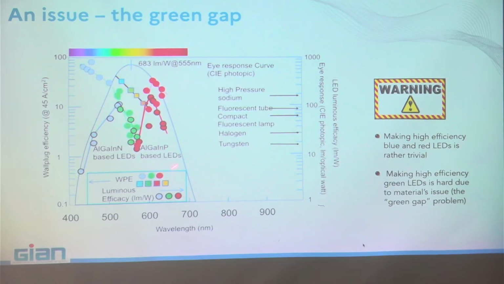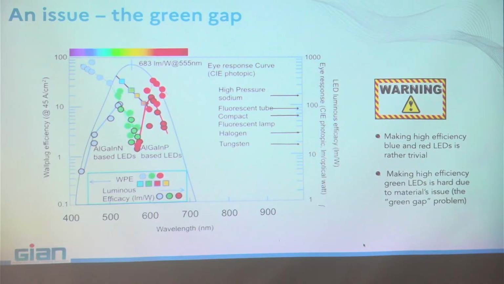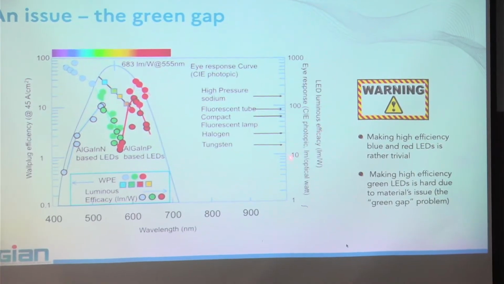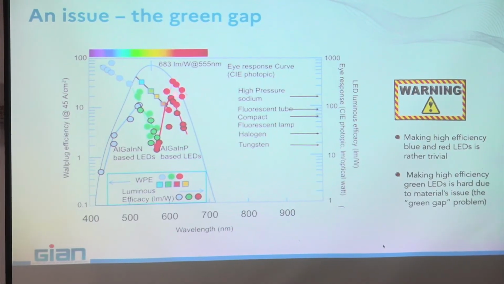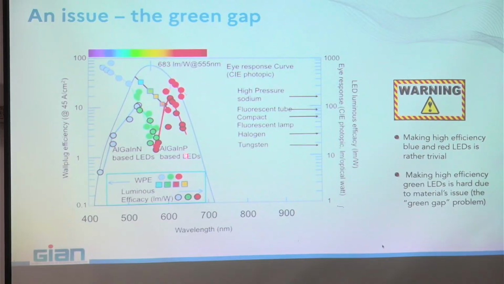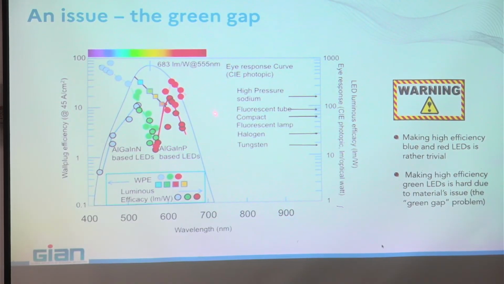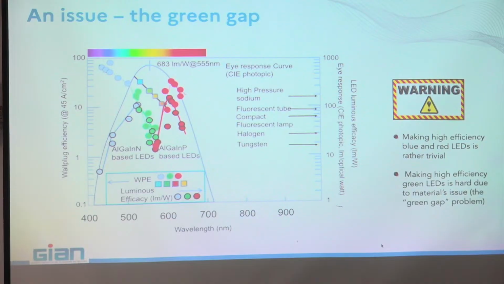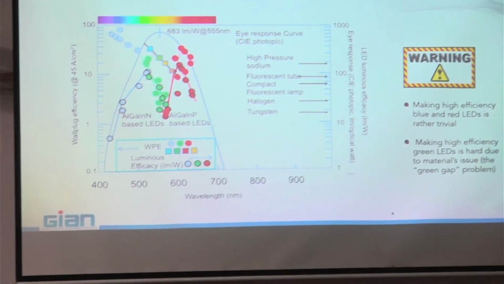From the other side, if you use aluminum gallium indium phosphide alloys, that was the idea of Nick Holonyak, you start from red, and by playing with the concentration of phosphide you can go through green, but once again the efficacy drops, and there is nothing very efficient in that area. Small problem: remember, the maximum efficacy of our eye is in the green area.